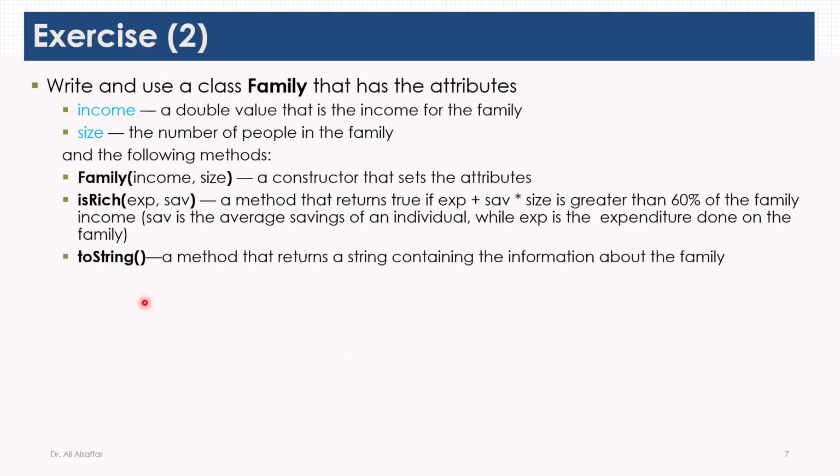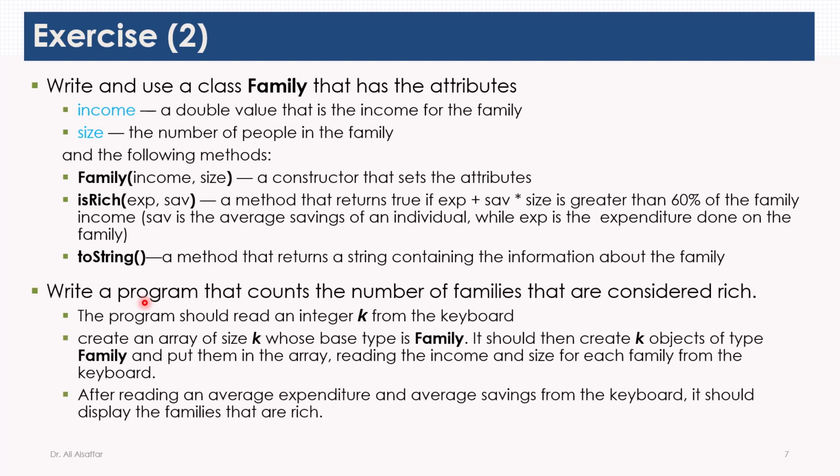After defining the family class, now it is required to write a program that counts the number of families that are considered rich. And we will do that in 3 steps. The first step, we will let the program read an integer k from the keyboard that represents the number of families. Step number 2, we are going to create an array of size k, whose base type is the family class we have created earlier.